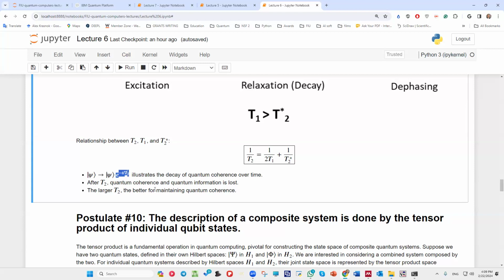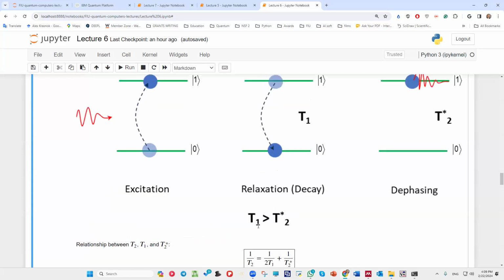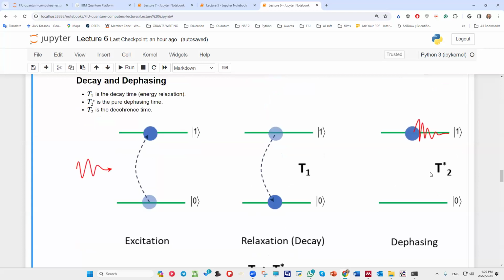All right, so after this total dephasing time, the quantum coherence of a quantum system is assumed to be lost, right? So for quantum systems like a quantum computer, this T2 time is very important. So we need a system with as large as possible dephasing time.